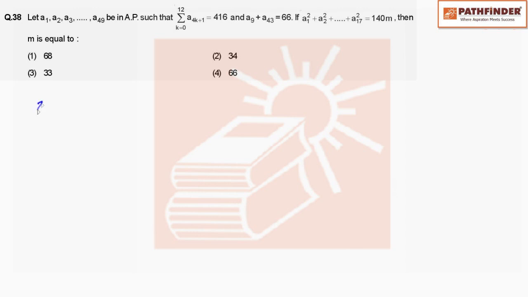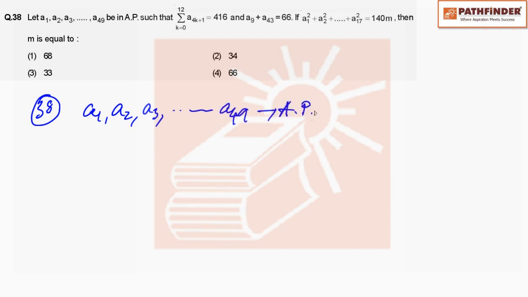Question number 38. A1, A2, A3 up to A49 are in arithmetic progression, and given the summation of k equal to 0 to 12 of a 4k plus 1 equals 416.